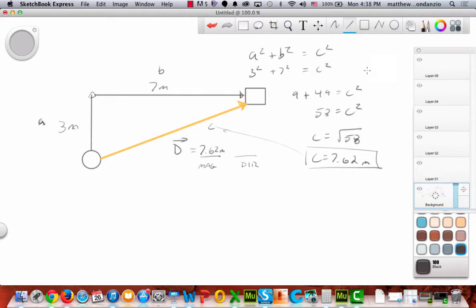Now when we talk about direction, what we mean is we need to know the direction relative to something. And right now, there's nothing giving us a relationship. There's no point that we're referencing from.